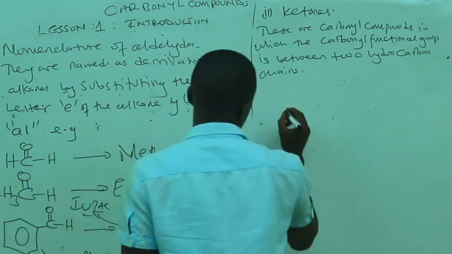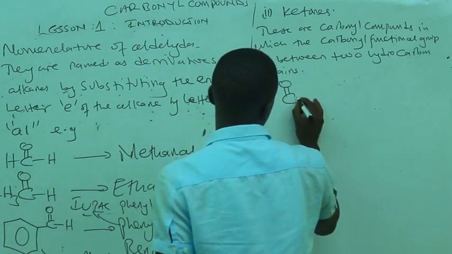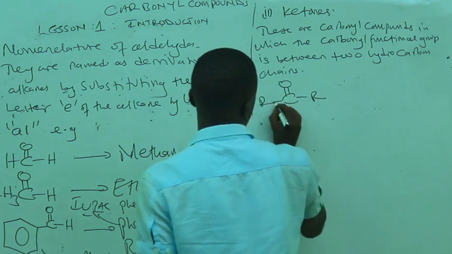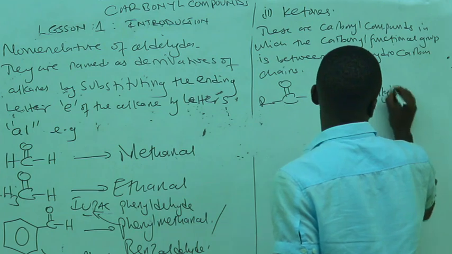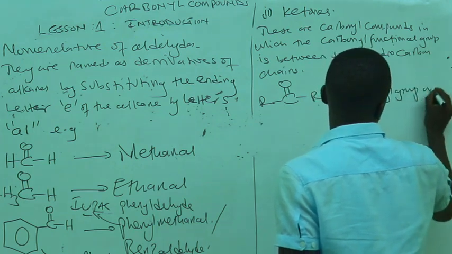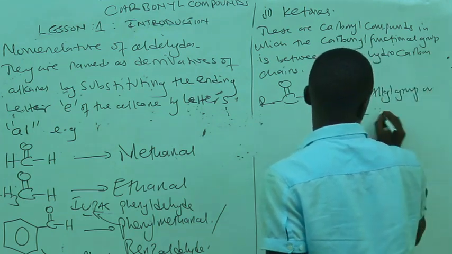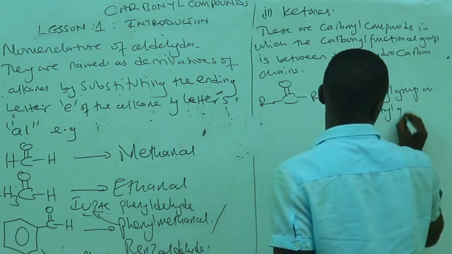What are we saying? You have a carbonyl functional group, there is R, there is R. Where R, we are saying, could be an alkyl group, or R may be equal to an aryl group.